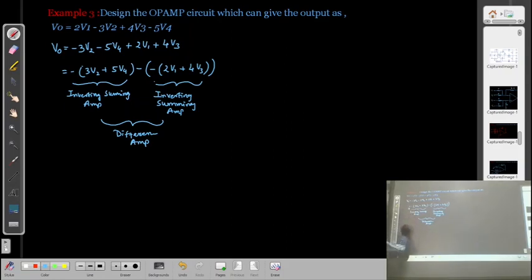So here this is equal to VO2 minus VO1. Remember, what is my VO2? VO2 is equal to minus 3V2 plus 5V4. And what is VO1?